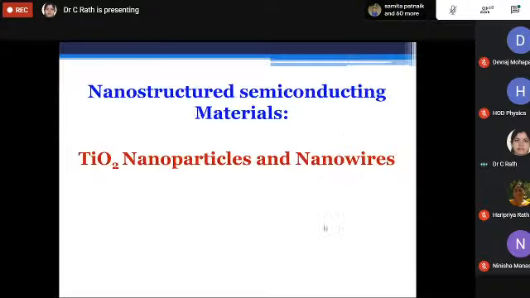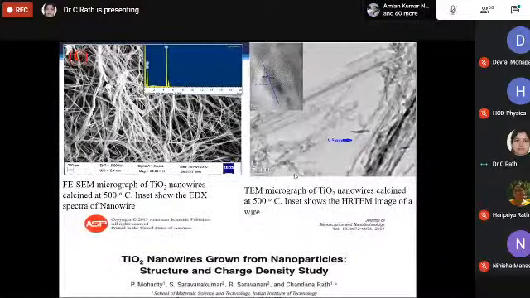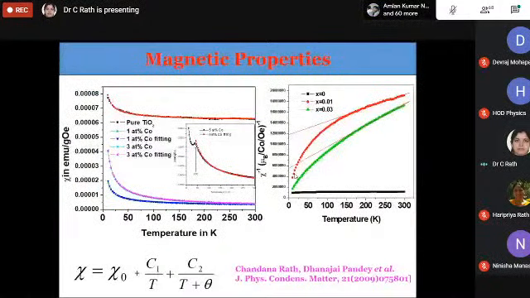Then one material, TiO2 nanoparticles, we synthesize with the hydrothermal method, and these TiO2 nanoparticles are again used as a seed in the autoclave, and then we could synthesize these bundles of nanofibers, TiO2 nanowires. And when we dope cobalt, in fact the properties are very different.